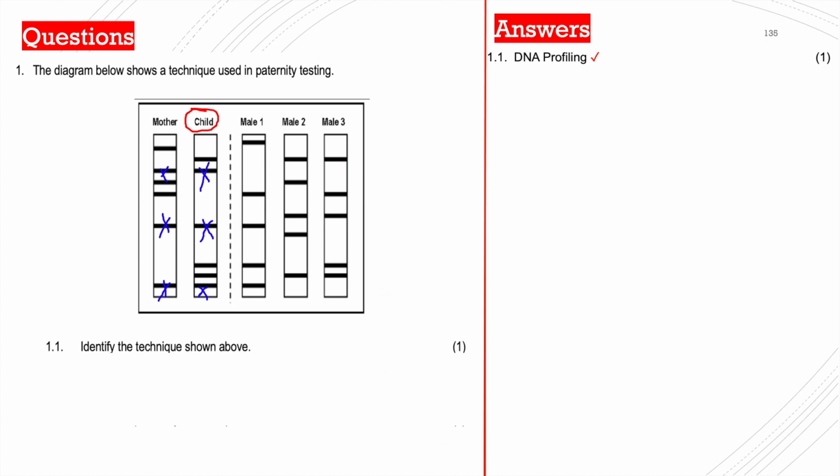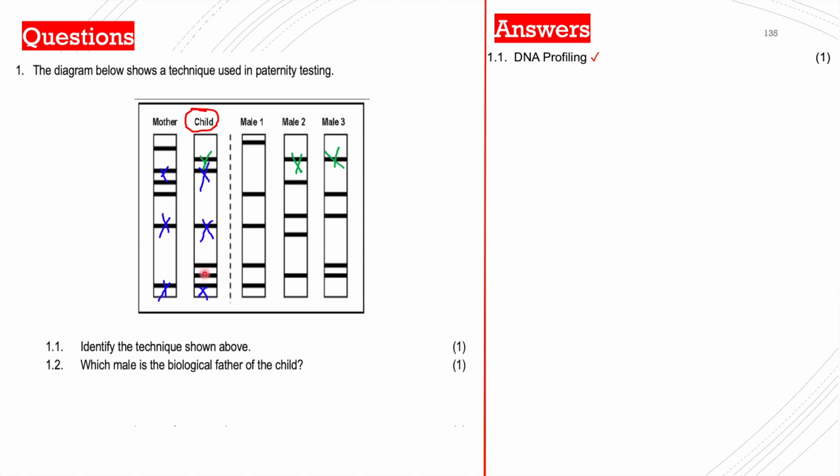So there is a match there with that one black bar of the child. Now the second and the third ones we are not going to look at, because those are the black bars that match the mother. So we ruled them off.